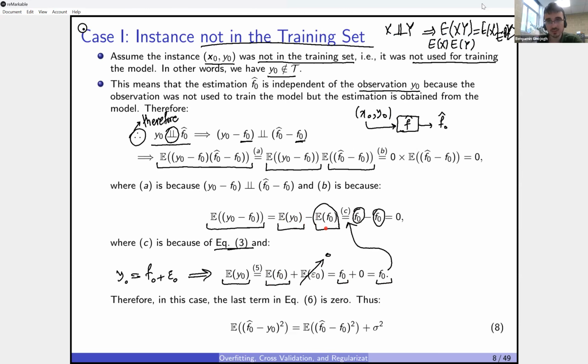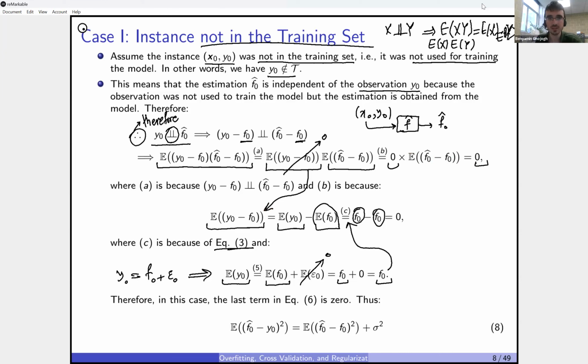Also, as I said, expectation of f0 is f0 because f0 is not a random variable. So we'll have f0 minus f0, which is 0. So this term, which we simplified here, is 0. That's why I put 0 here. 0 times everything here, which is not infinity, is 0.